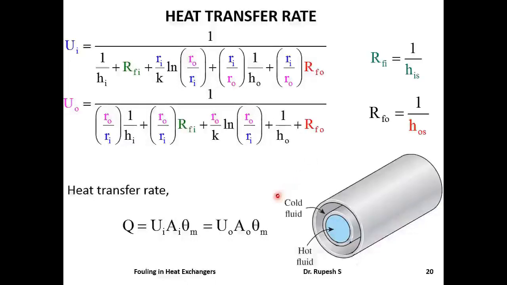Thus, heat transfer rate is given by Q is equal to Ui Ai theta m, which is equal to Uo Ao theta m. So if we know the overall heat transfer coefficient, area and LMTD, heat transfer rate associated with the heat exchanger with fouling can be determined.